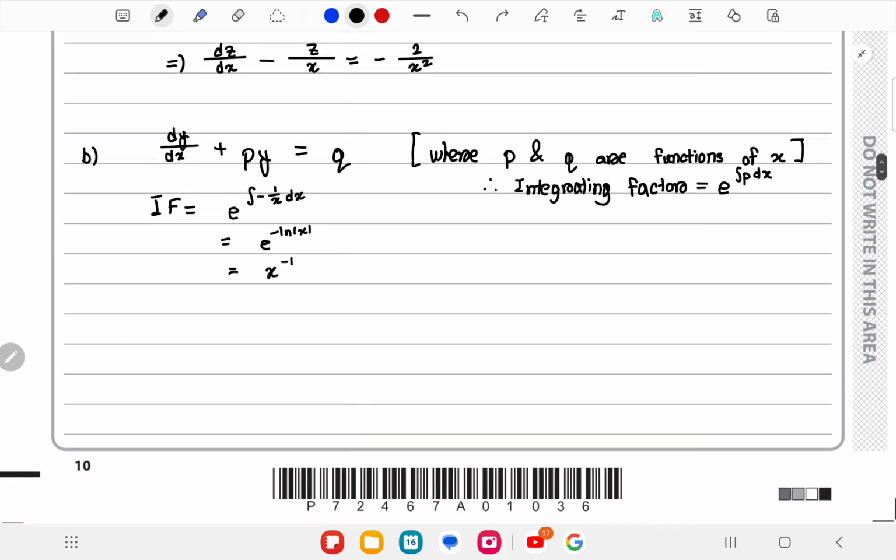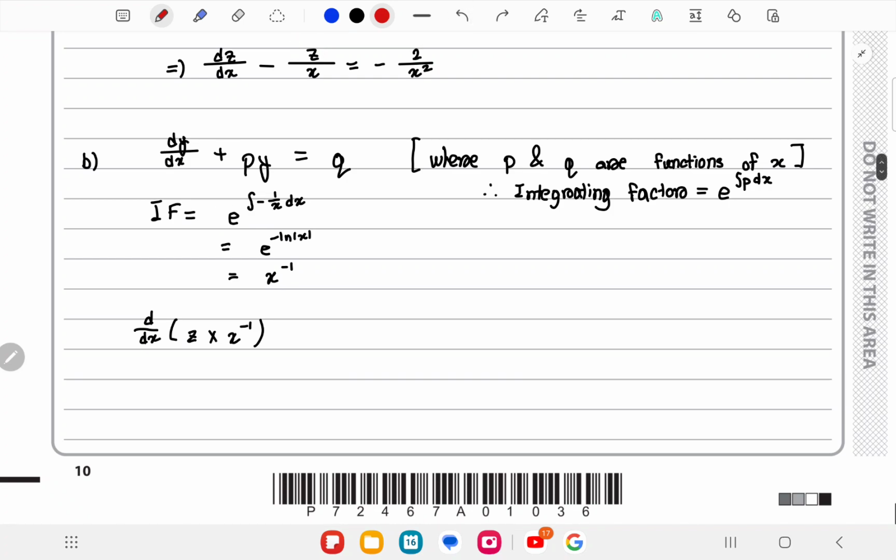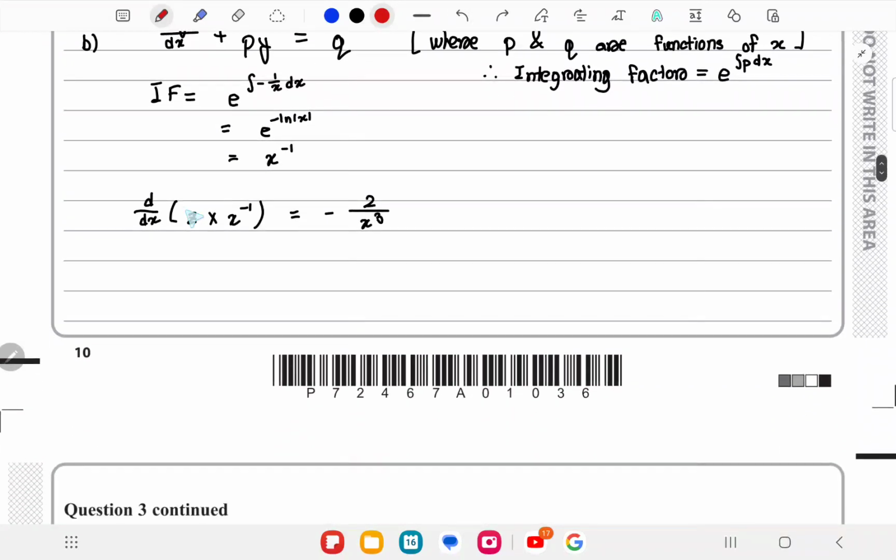Now to use it, on the left side we write d by dx of z times the integrating factor, and we write this equal to the right hand side expression multiplied by the integrating factor. So in this case it would be minus 2 by x cube.